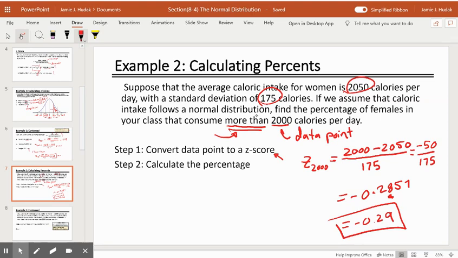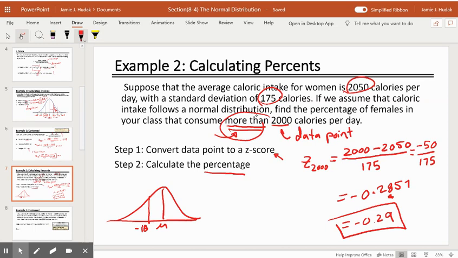So step 2 is to calculate the percentage, and that means to calculate the percentage of data that is more than 2,000 calories. So if we go back to our normal distribution, there is our mean. Here is negative 1 sigma, meaning 1 standard deviation to the left.